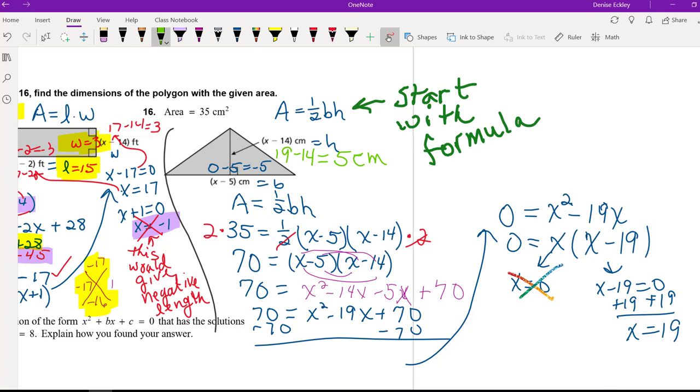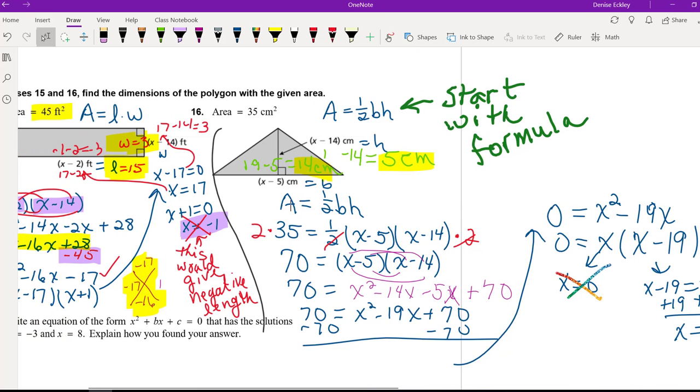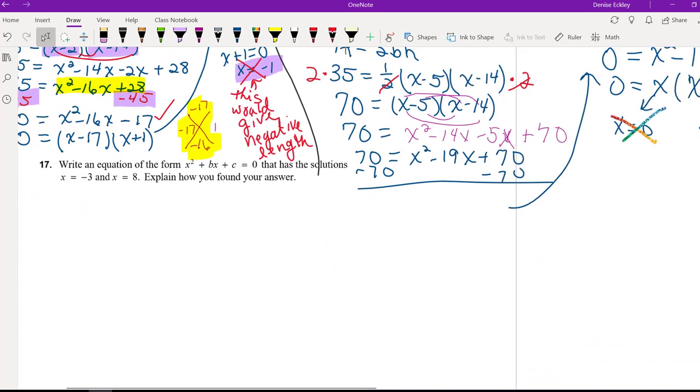So that's h. And my other one will be 19 minus 5, which is 14 centimeters. And you can check that to see if 1/2 times 14 times 5 is 35, which it is. So that's how you do number 16, or problems like that. And we'll see more of them as we go.